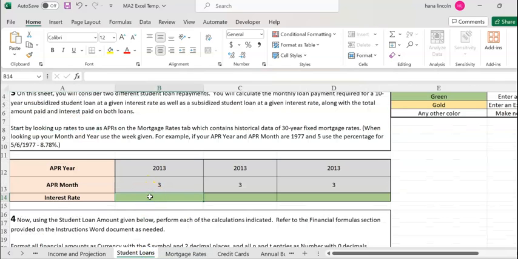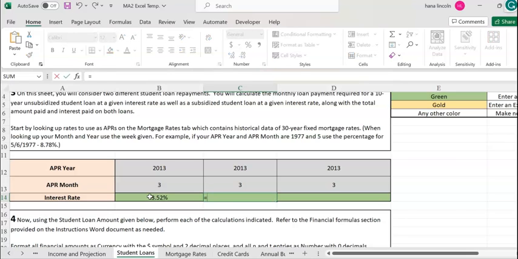Enter 3.52, and also enter the percentage symbol. Don't forget that one. I'm going to use the cell reference. Enter equal, then click on the interest rate. Hit enter on the keyboard. It's going to transfer the rate.